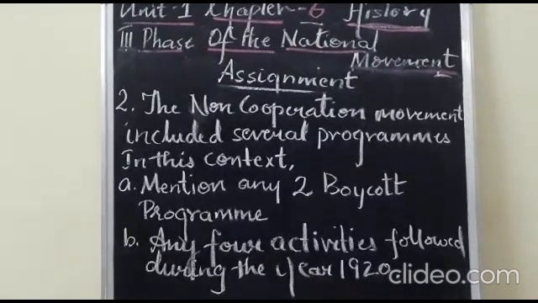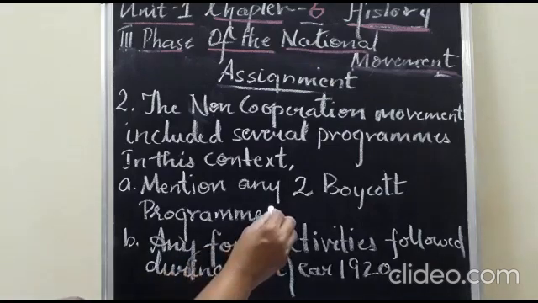The second question, the non-cooperation movement included several programs. In this context, first one, mention any two boycott programs. And the second one, any four activities followed during the non-cooperation movement.